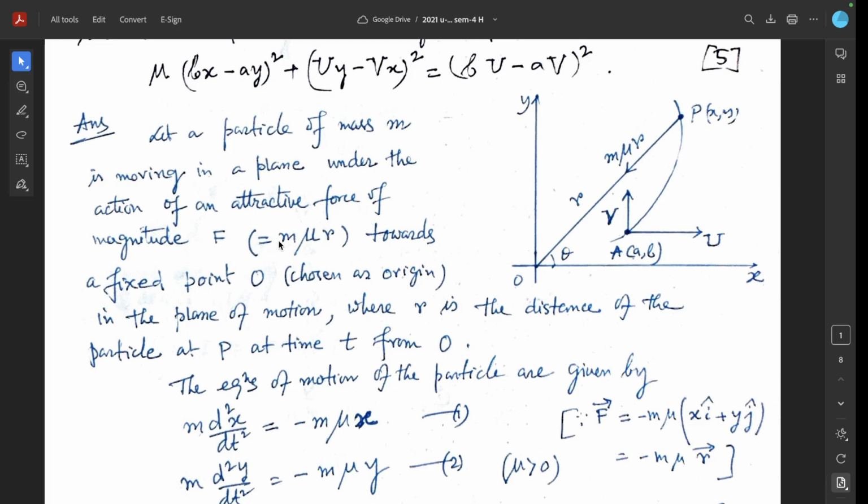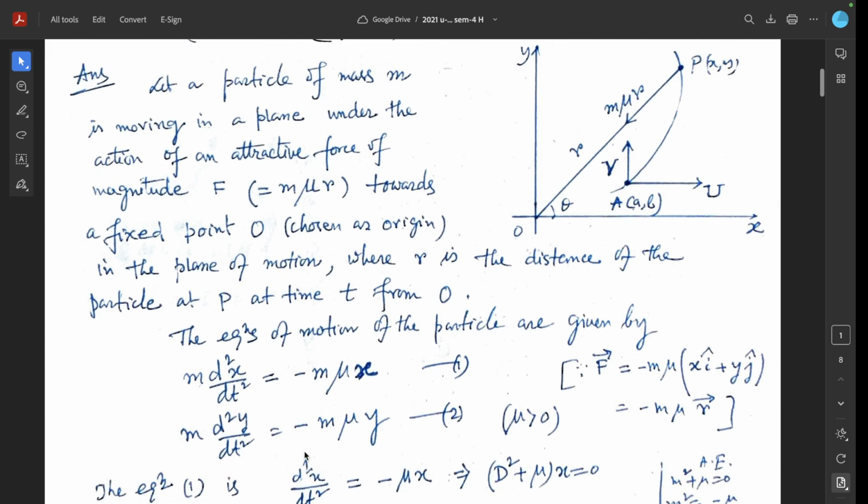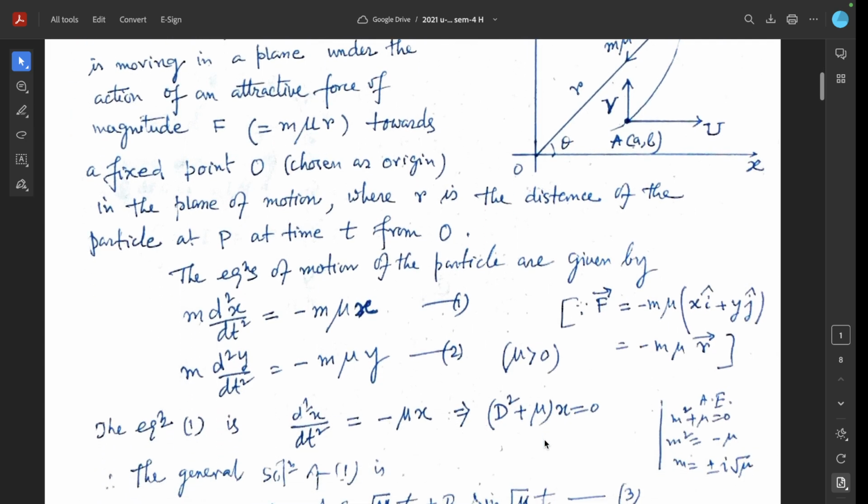So F vector equals minus m mu r vector, where r vector means x i cap plus y j cap, because this is planar, two-dimensional motion. So the x component is minus m mu x, and for the y component, m d2y/dt square equal to minus m mu y. Here mu is a positive constant.